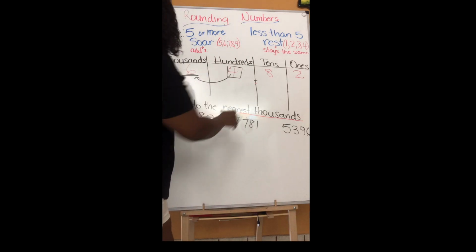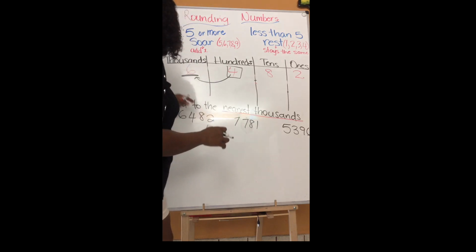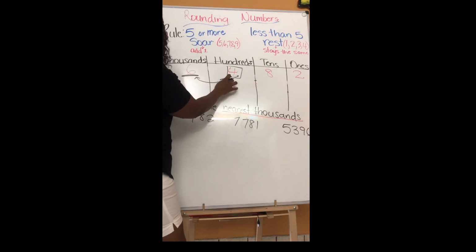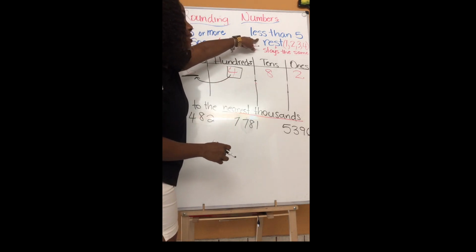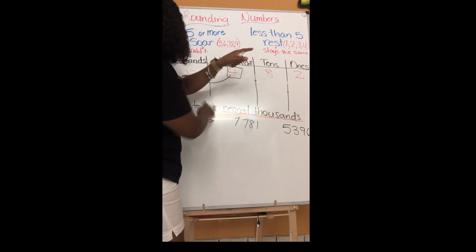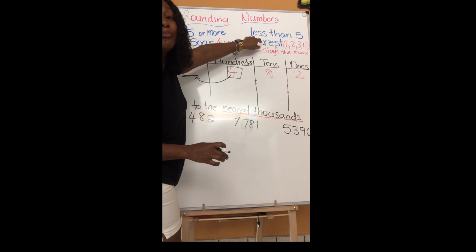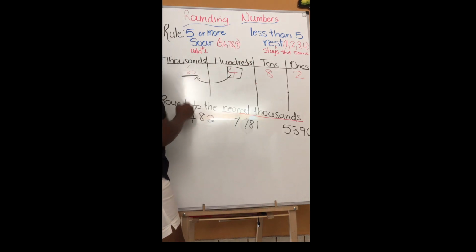All right, so this boss is 4, so it falls in the less than 5 slot. Meaning it's telling this 6 to take a break, just rest, don't do anything. So the 6 is going to remain the same.